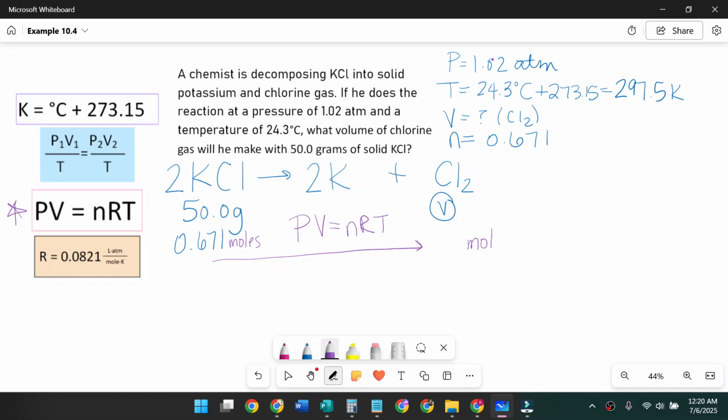We can also set it up the way we have done previously, like this: moles KCl times moles KCl, moles Cl2. We have 1 for every 2. That way you can make sure that you're dividing or multiplying correctly.